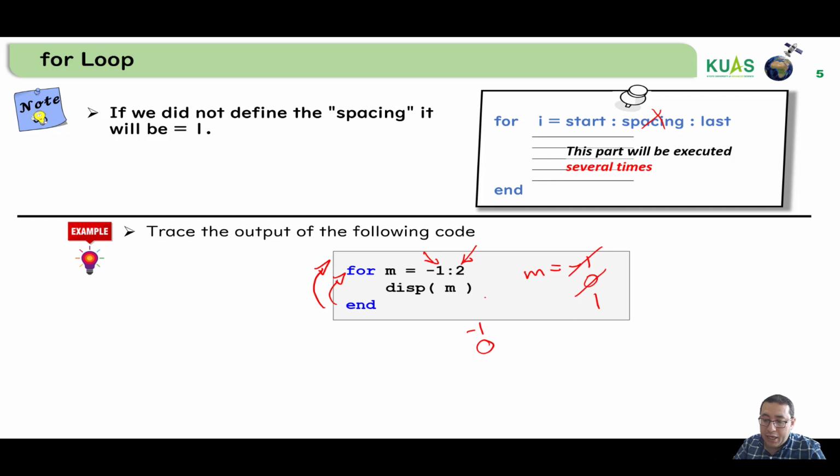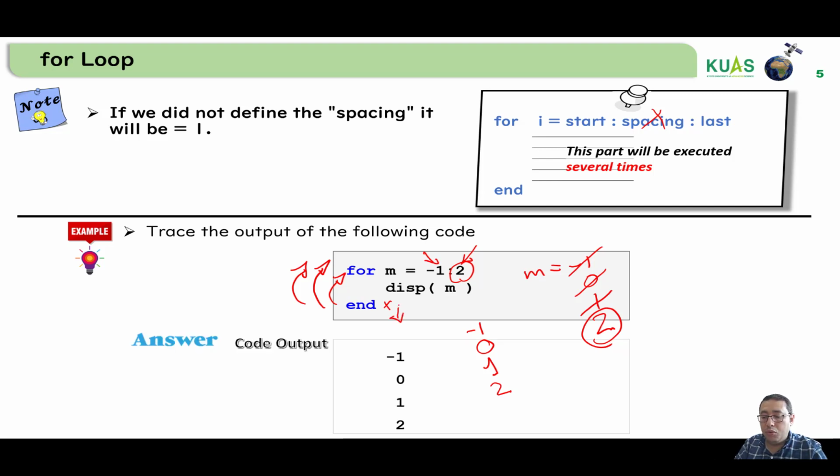So display m, it will be 1. And then go to the next loop and then add 1, it will be 2. And 2 is the last value here. So this is the last iteration. So display m, it will be display 2, and then go to end and continue if we have something. So the output from that code will be minus 1, 0, 1, and 2.